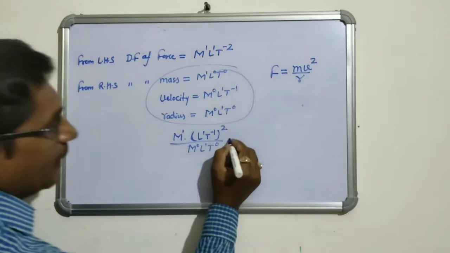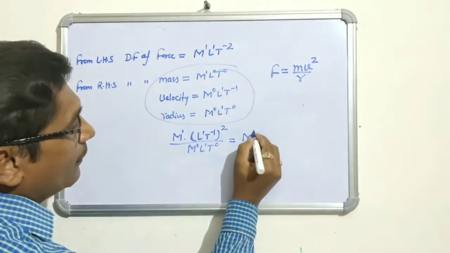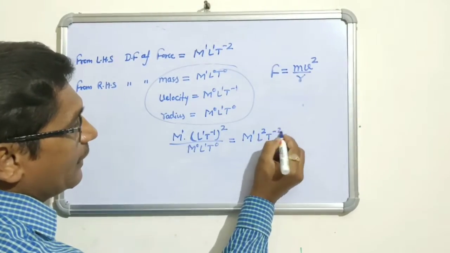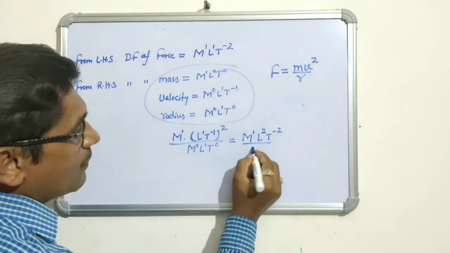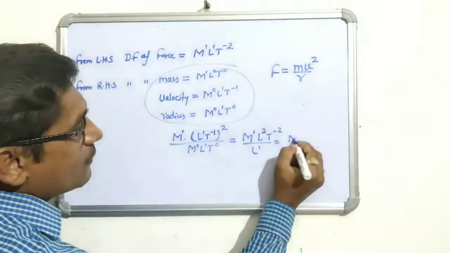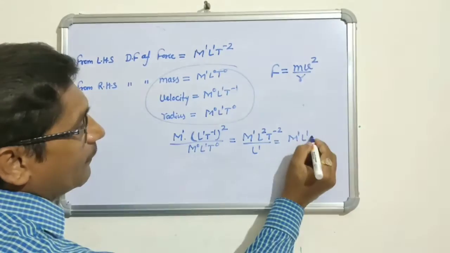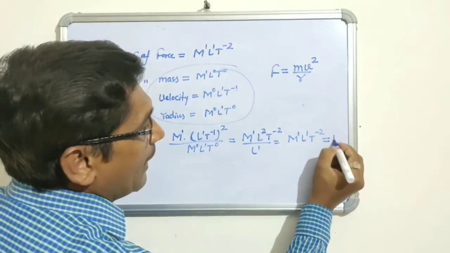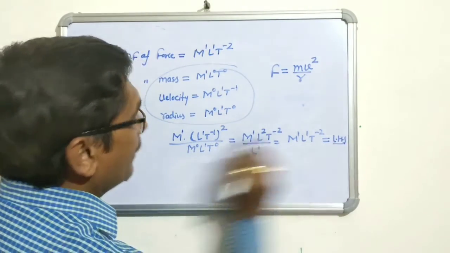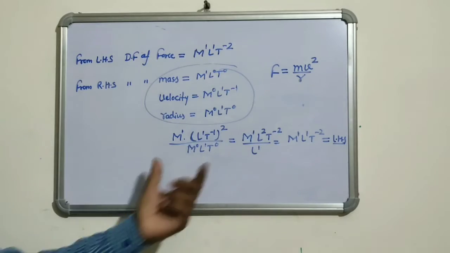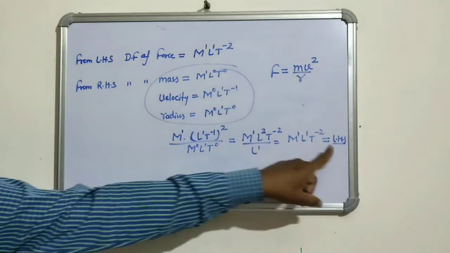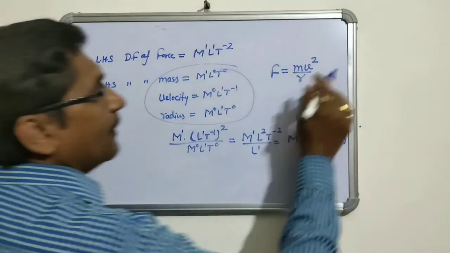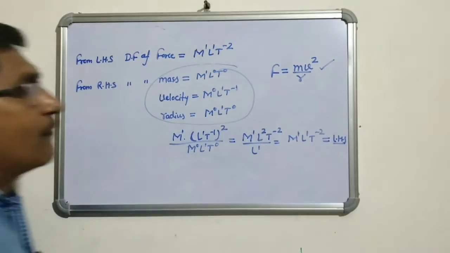After solving, we get M1 L2 T minus 2 upon L1, which equals M1 L1 T minus 2, which equals the LHS. The right hand side is equal to the left hand side, the dimensional formula of force. That's why this is the correct formula.